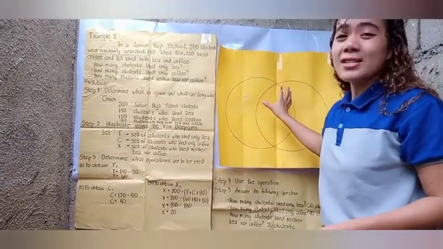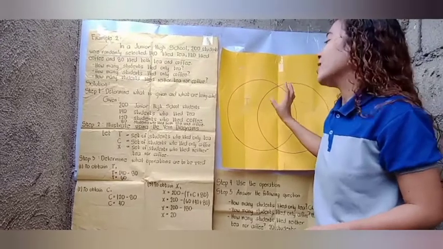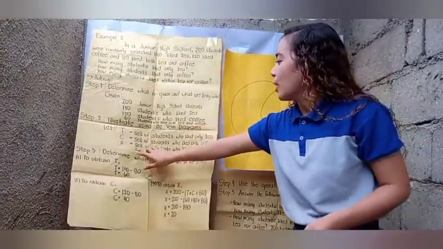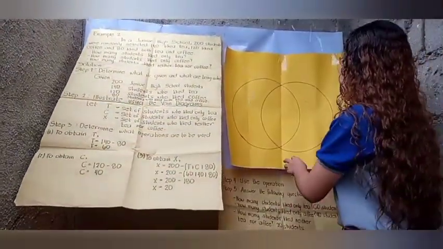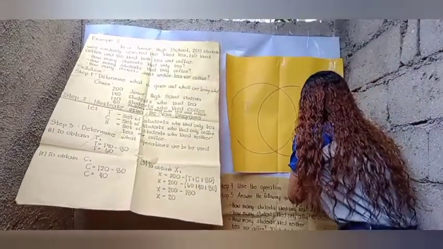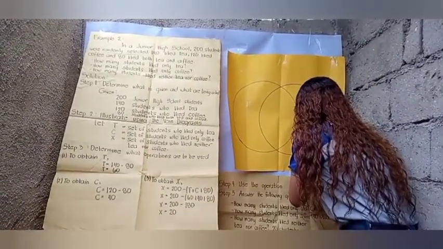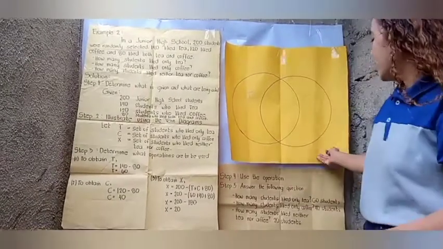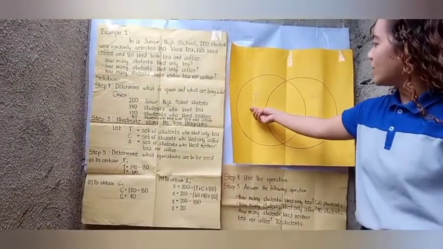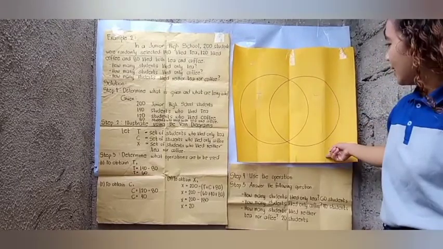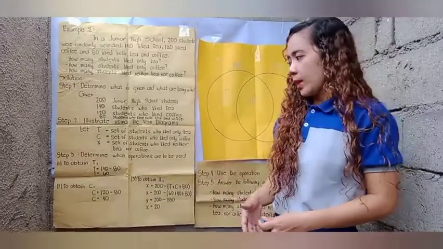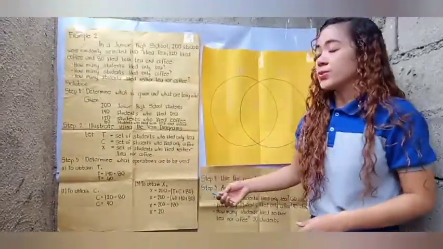Kasi, hindi siya kasali. Ayaw niya ng tsaa, ayaw din niya ng kape. So, ilalagay natin yung X natin sa labas ng Venn diagram. So, ayan. Yan yung X natin. Nasa loob ang T, nasa loob ang C, at nasa labas ang X. Step 3. Determine what operations are to be used.